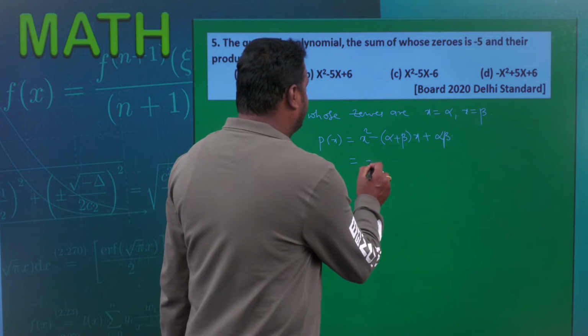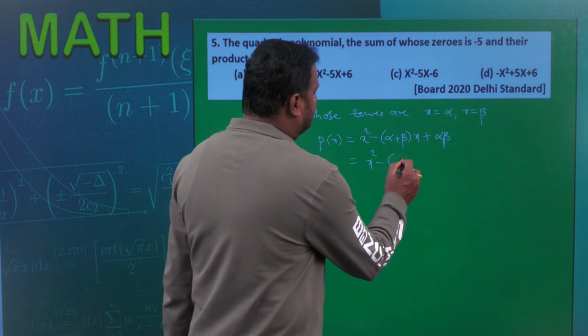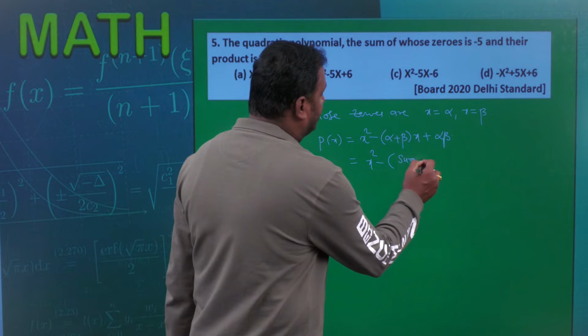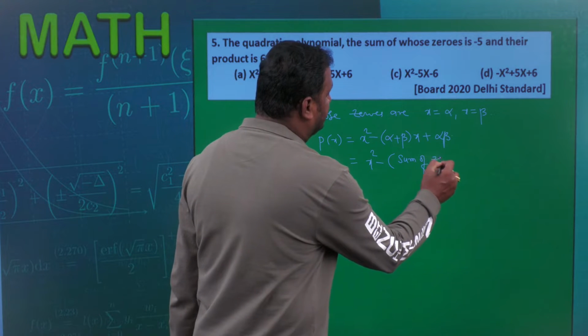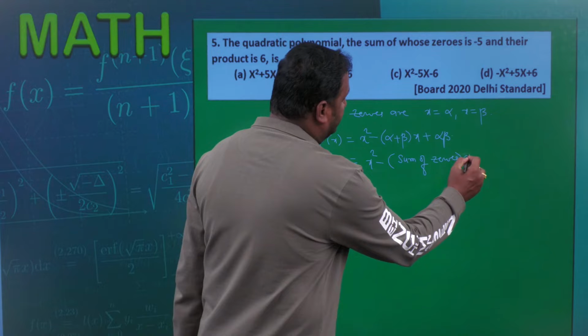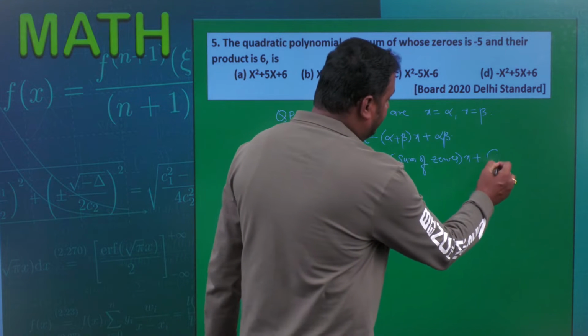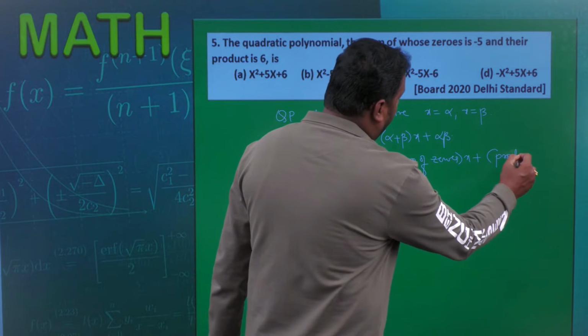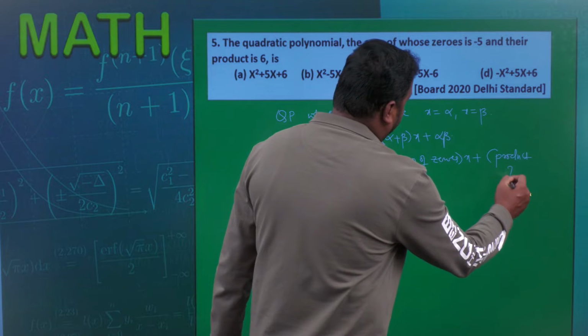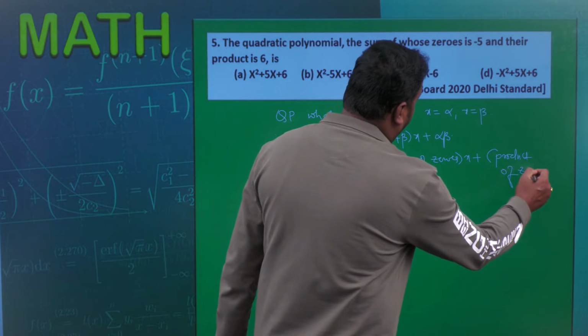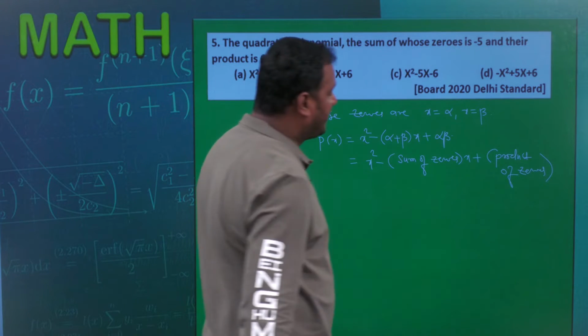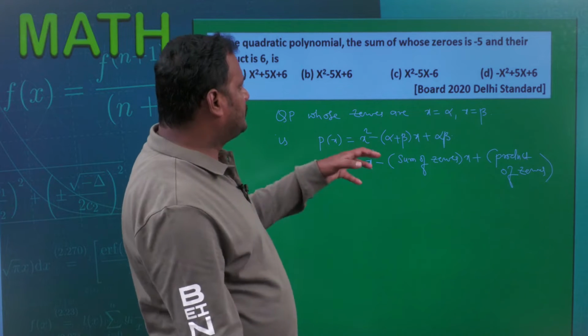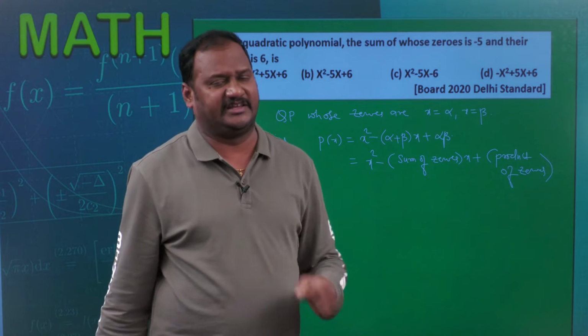And you can even remember this as x square minus sum of zeros, because alpha plus beta means sum, right? So sum of zeros times x plus alpha into beta, which is nothing but the product of zeros. Sum of zeros and product of zeros. See here, what is the given problem? Here students mostly make mistakes.